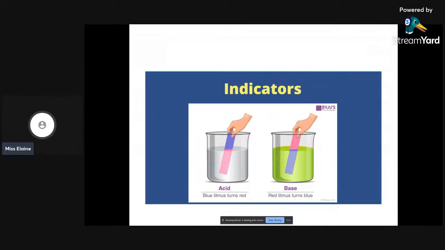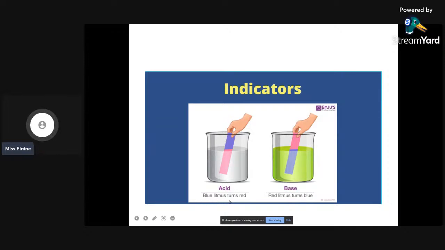So the question is, how are we going to measure if the material is acidic or basic? We do have what we call indicators. The main one is litmus paper. The main use of litmus paper is to test whether a solution is acidic or basic.